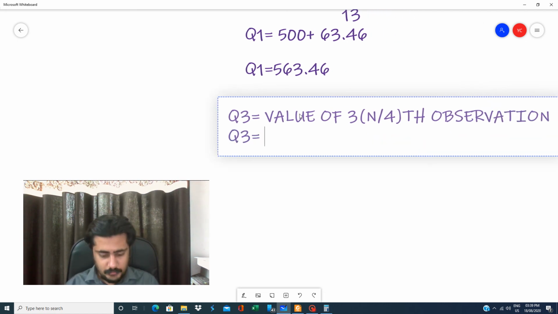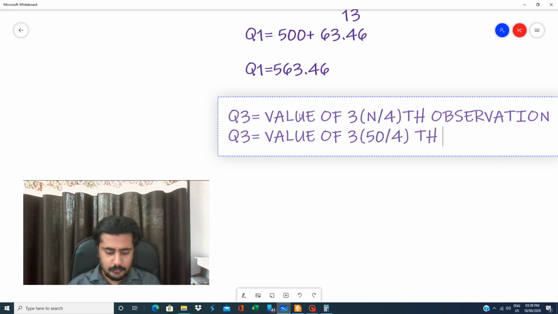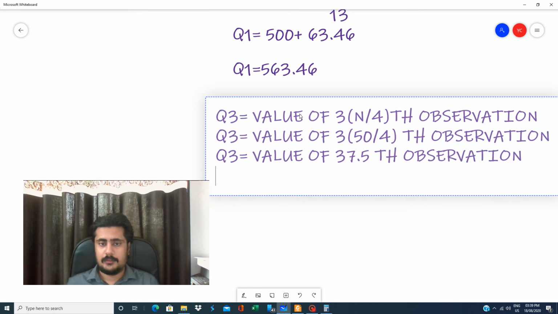So Q3 is the value of 3 into 50 by 4th observation, which is 3 into 12.5, the 37.5th observation.